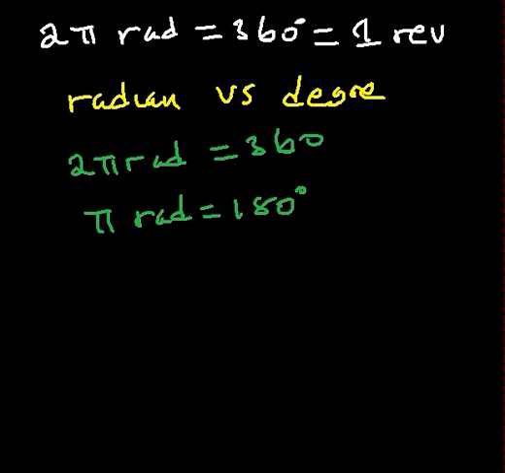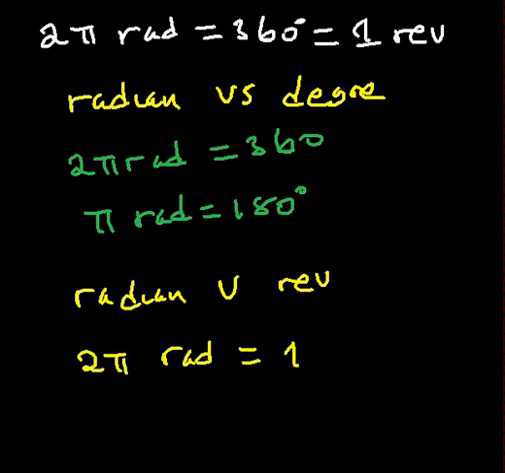And radians versus revolution. So 2 pi rad is the same as 1 rev.